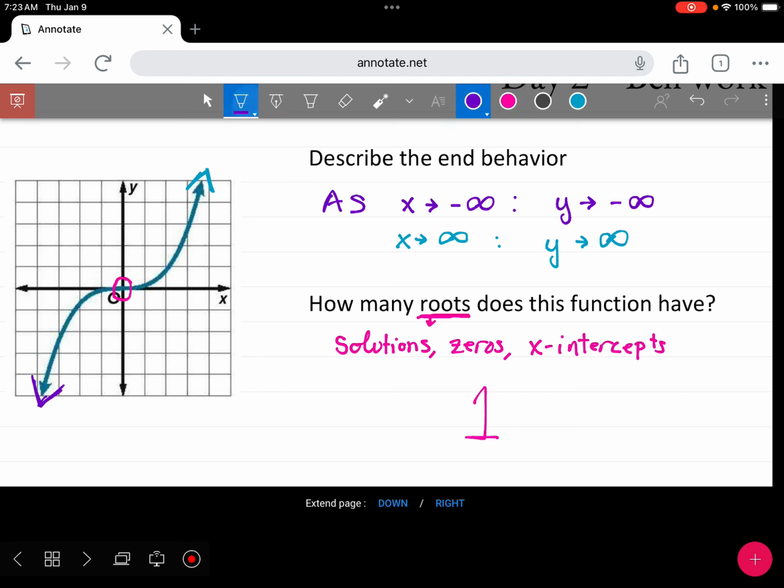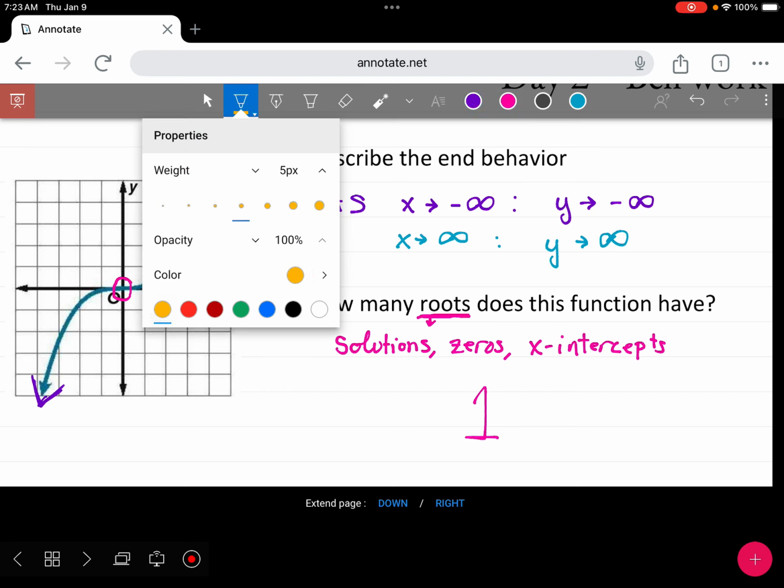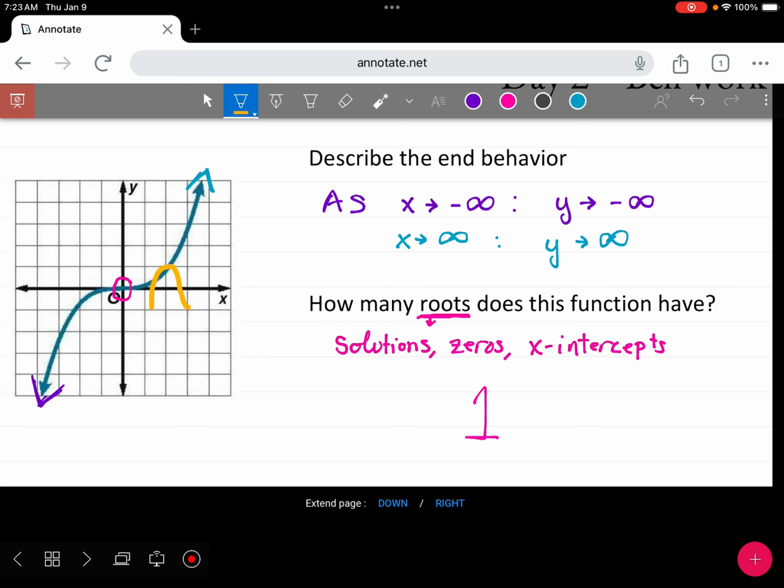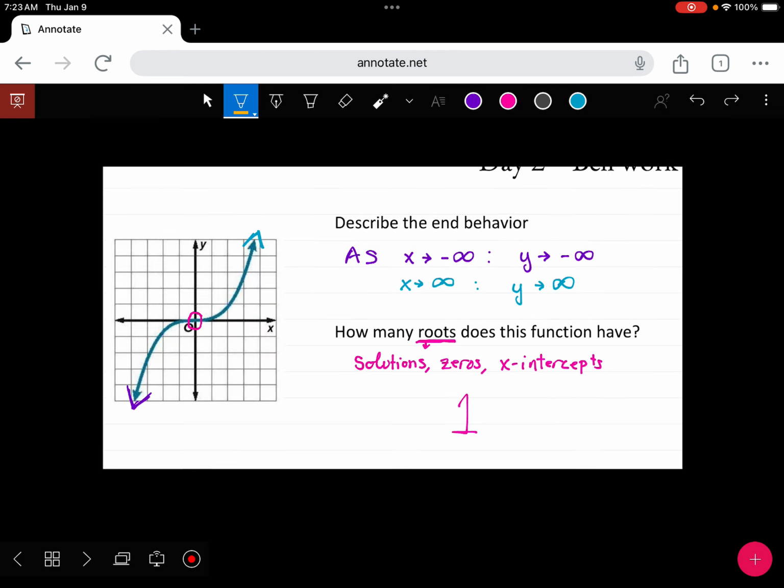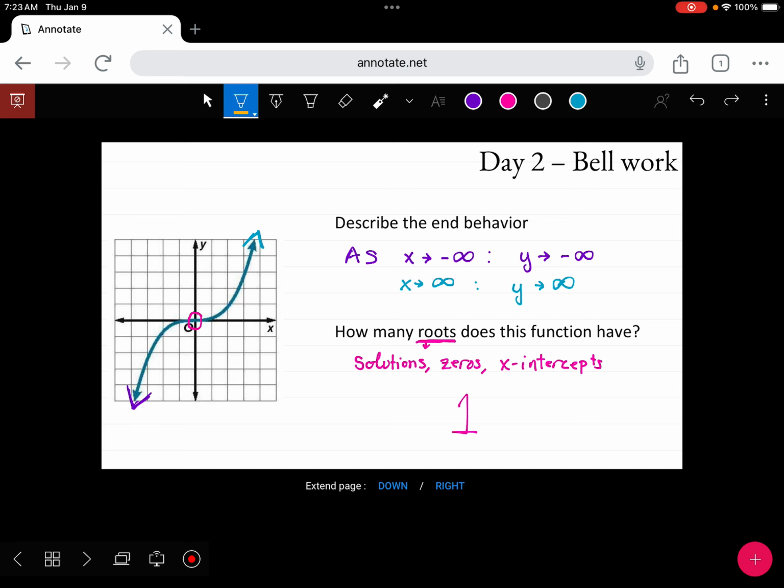If it had more than 1 root, it would be something that would wiggle, squiggle, wiggle. That guy has 3 roots, the yellow one. We could do lots of roots. But this guy just has 1. It's all about the number of times it crosses that x-axis. Okay? Questions on the bell work? Cool.